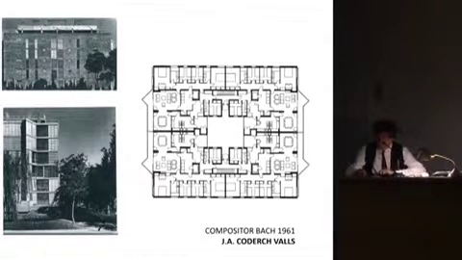So Coderch, and that was, remember, in 1971. He had been granted an award by the Triennale in Milan, and he had done the Barceloneta in 1954, a work that had a great repercussion at the European scale, at least.